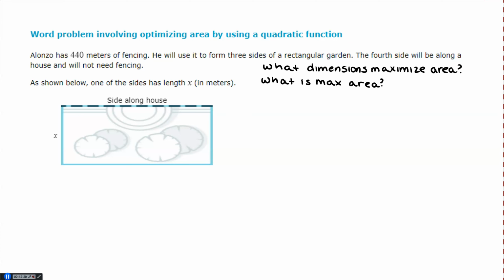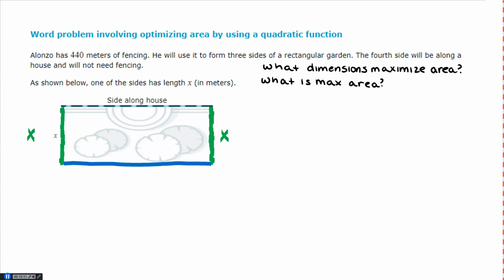So here, I'm not actually giving you the function. You have to figure out that function yourself. So let's think about this picture. This guy's got 440 total meters of fencing. If he puts x on this side, it's a rectangle, so he has to put x on this side. And since it's a perimeter, the other side plus the x has to equal 440.